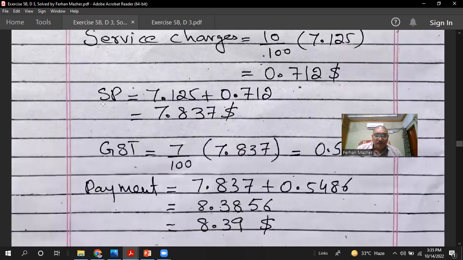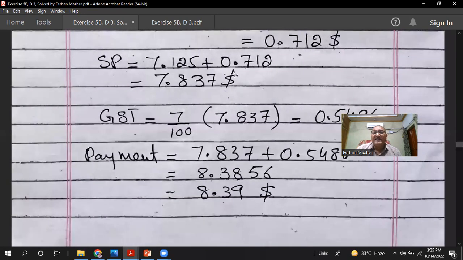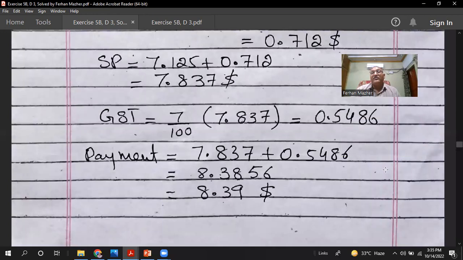Okay, so now we will add GST. The GST is charged on the total cost of the restaurant, and the GST is 7%. So 7% of that cost. So it will be 7 by 100 multiplied by 7.837, and you get 0.5486.